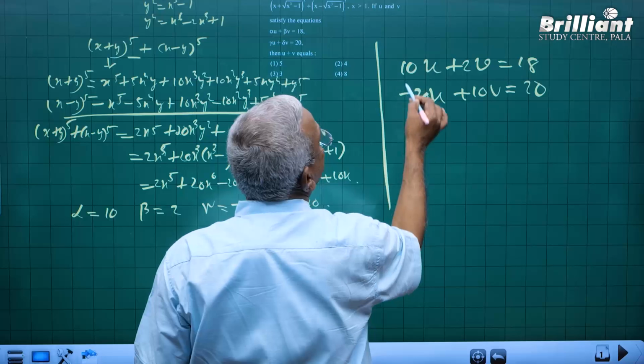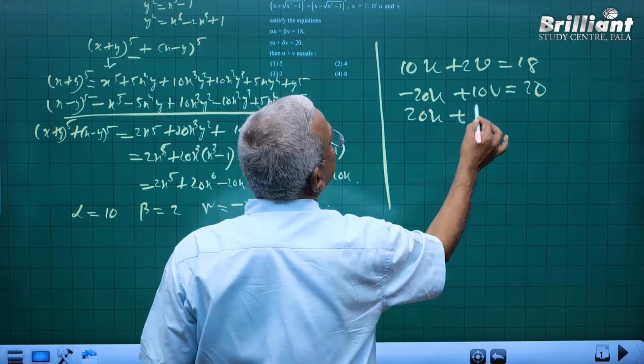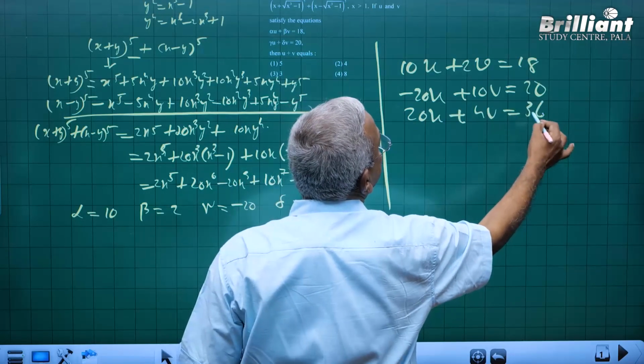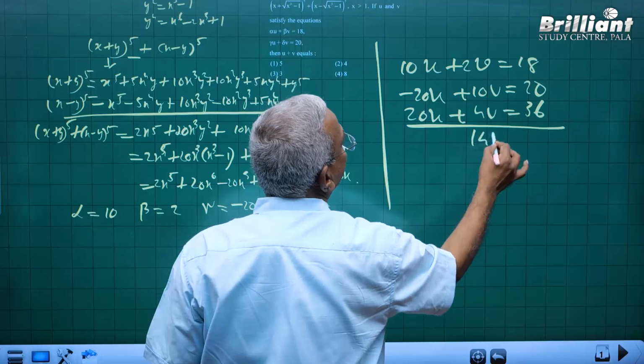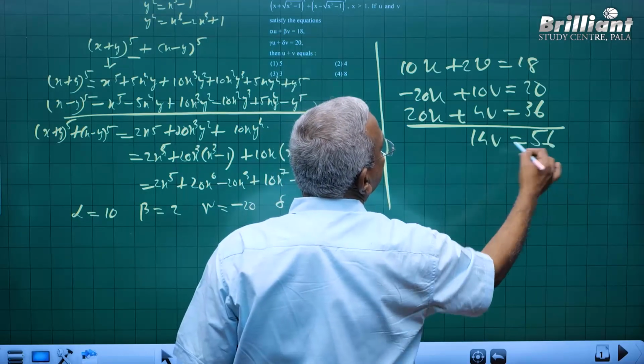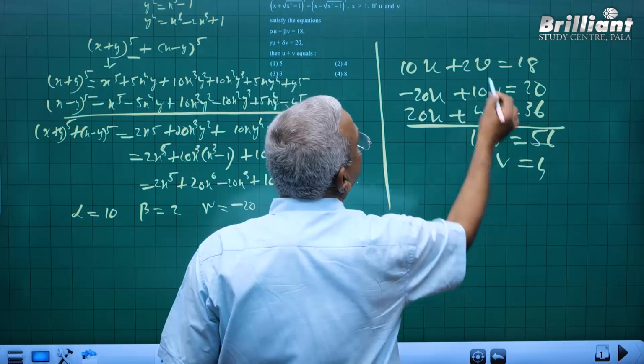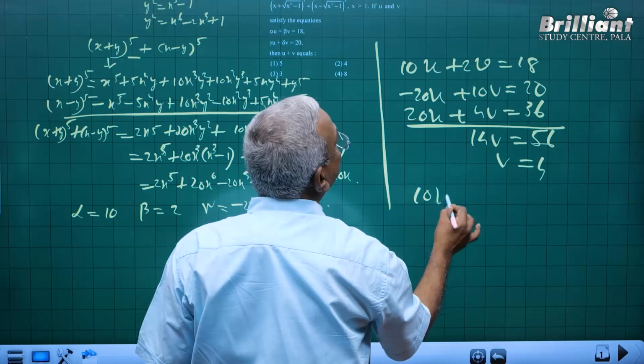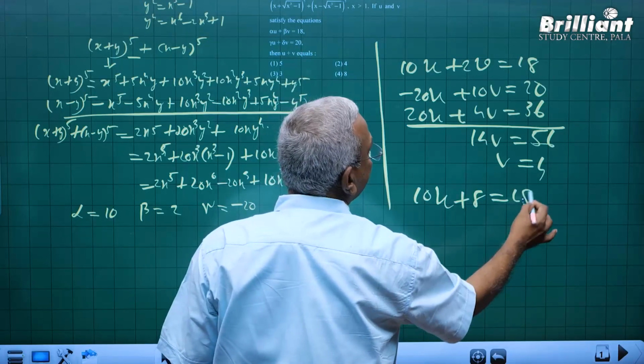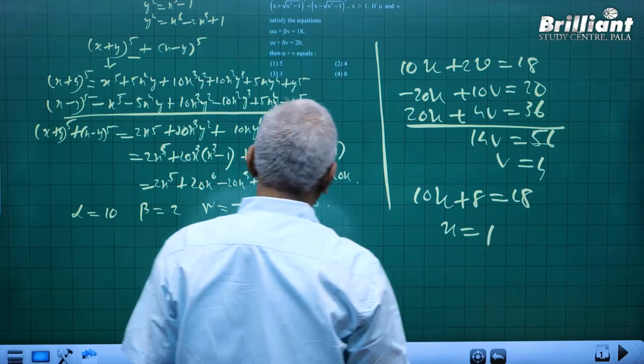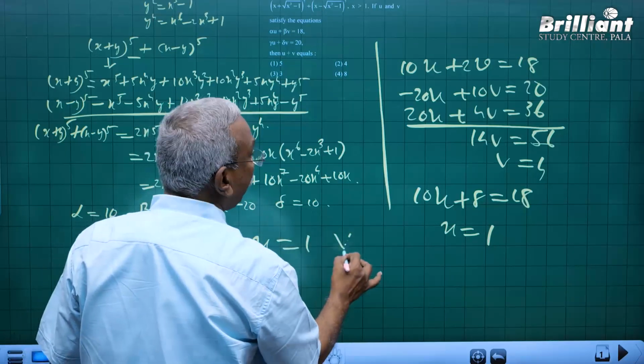So we can multiply the first by 2, that is 20 u plus 4v equal to 36. So adding, you get 14v equal to 56, then v is equal to 4. Replacing 4 here, 10 u plus 8 is equal to 18, then u is equal to 1. So u is equal to 1 and v is equal to 4.